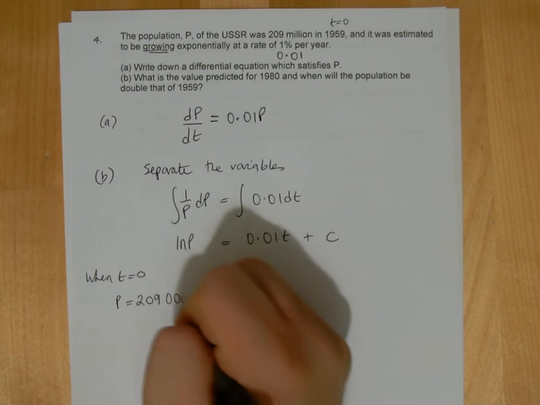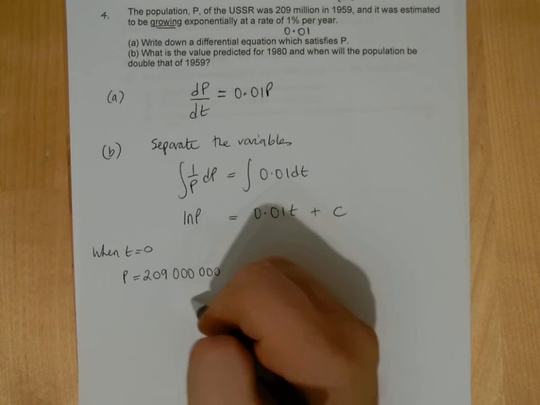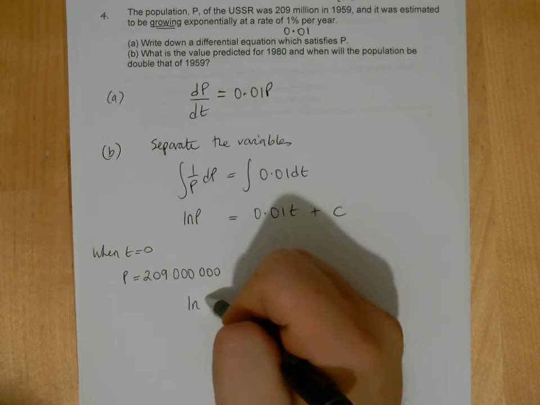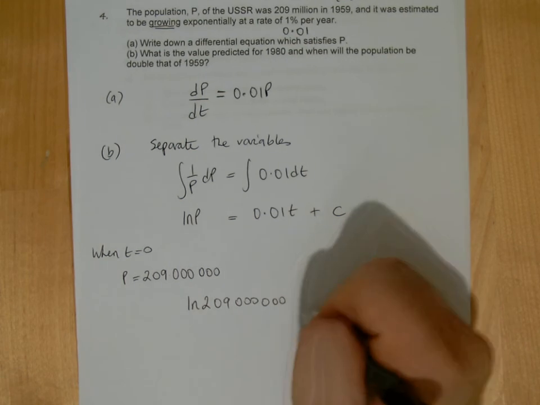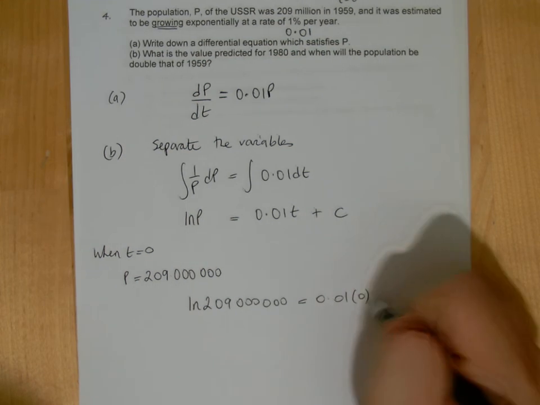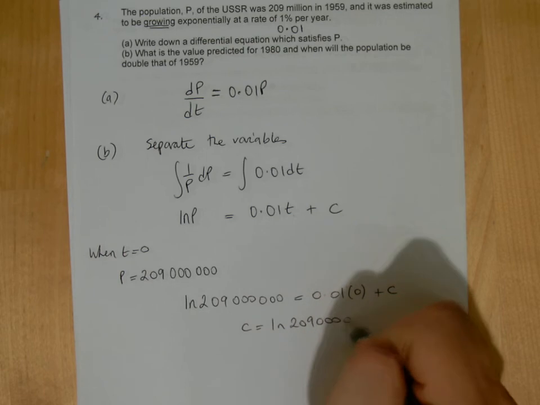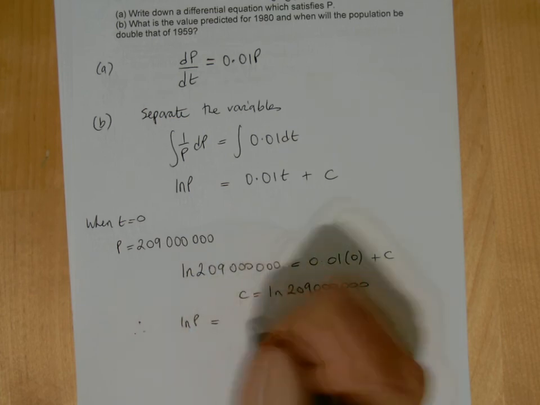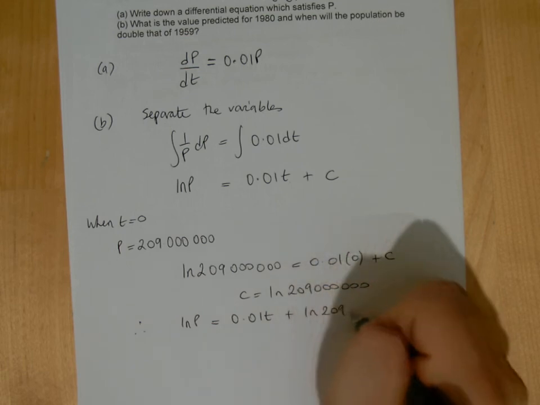Let's go for all the zeros. 209 million, just because if I just put 209, it looks like it is 209, even though we know it's 209 million. So ln 209 million is equal to, well, t is 0, so 0.01 times 0 plus C. So C is equal to ln 209 million. Okay, so therefore ln P is equal to 0.01t plus ln 209 million.